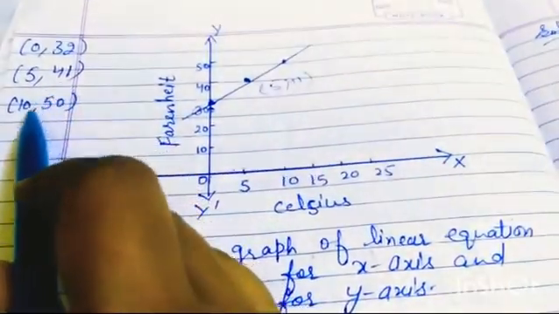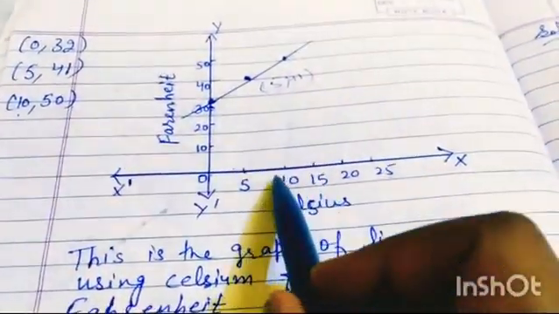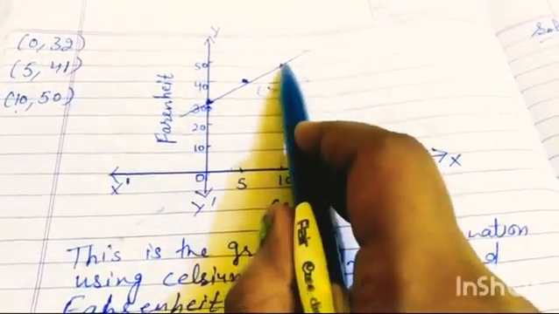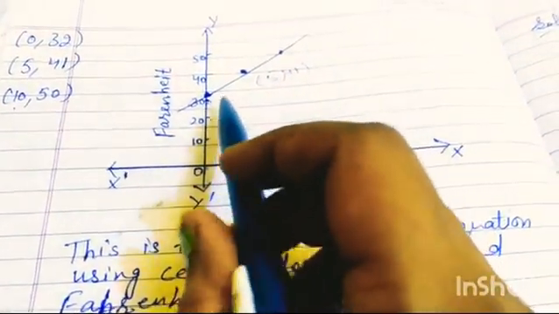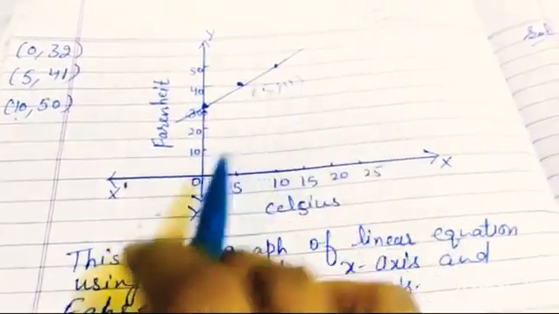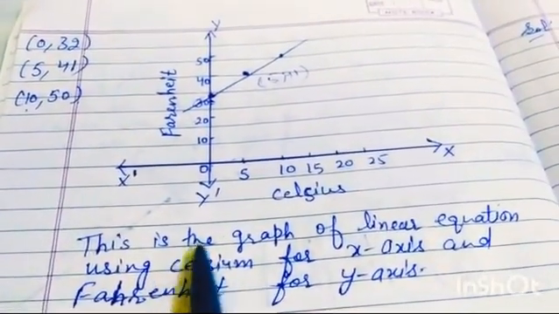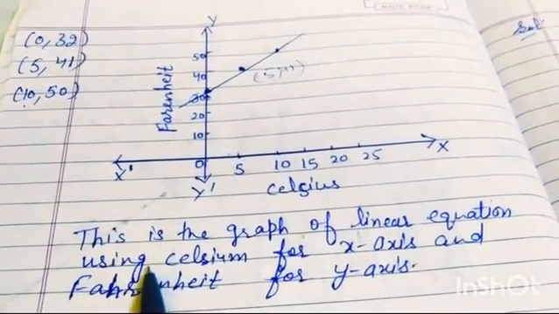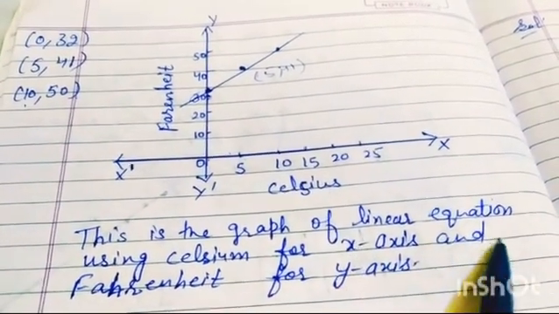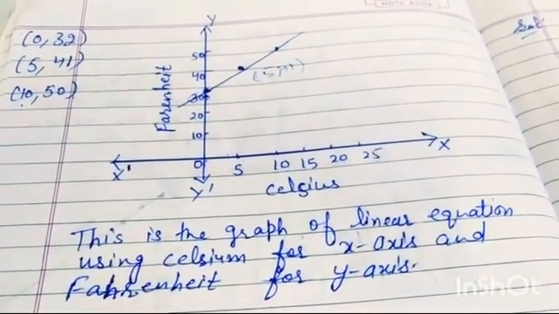Then third point will be (10, 50). 10 is from this side and 50 from this side. This is the point (10, 50). Then on joining we get a straight line, which is the graph of this linear equation, using Celsius for x-axis and Fahrenheit for y-axis.